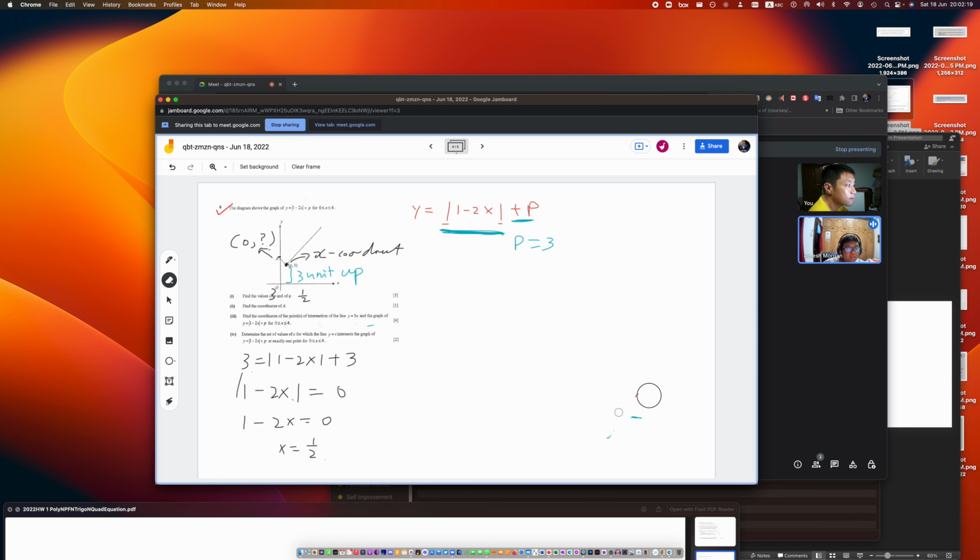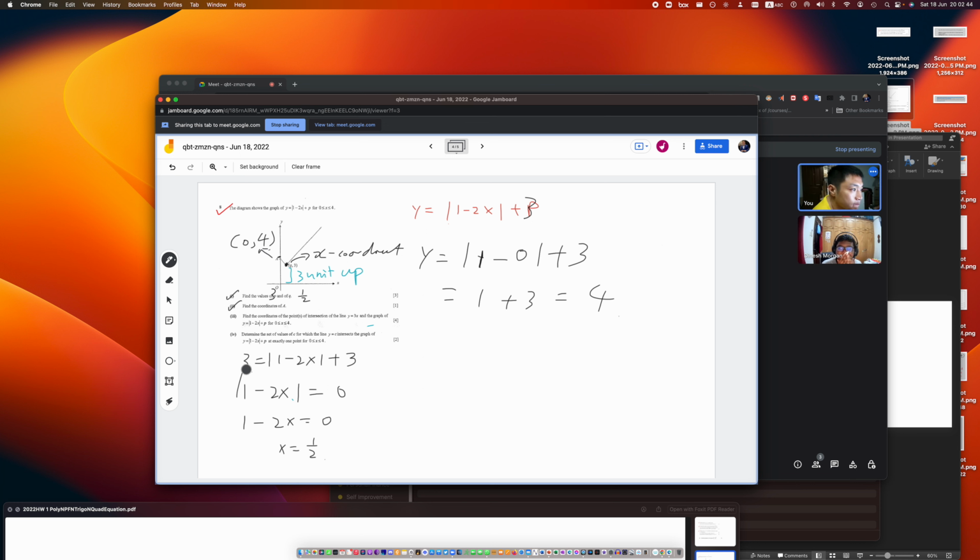So y equals 1 minus 2 times 0, which is 0, plus 3. So it's 1 plus 3, which is 4. That's how you get part 1 and part 2 done.